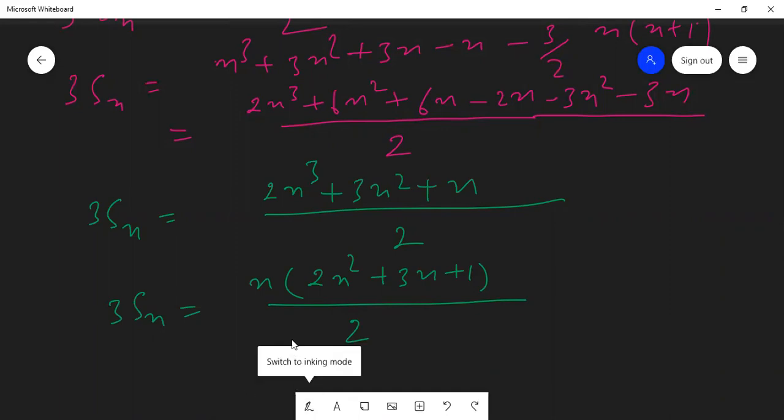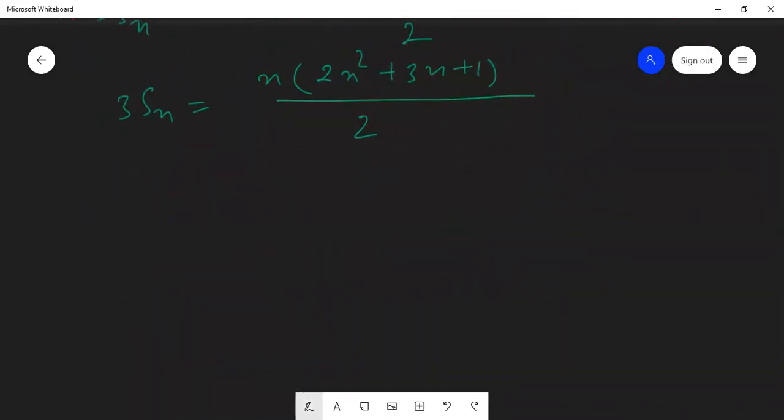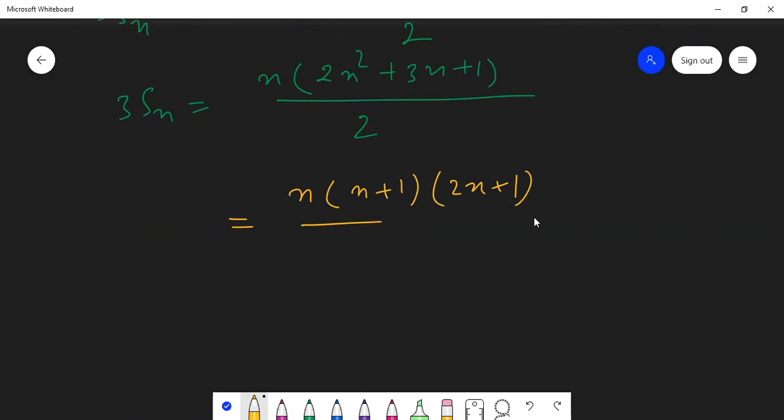Simply factorize it. So what do we get? This thing is equal to n as it is. This can be factorized, very easy to factorize. It's like n plus 1 and 2n plus 1, divided by 2. This was 3Sn.